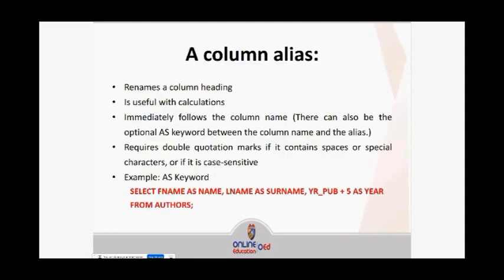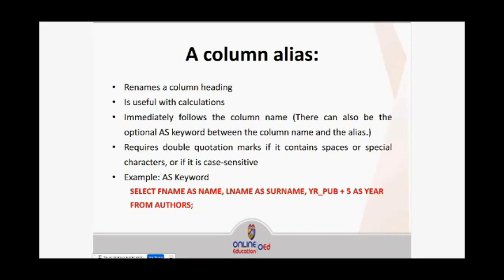Next, a column alias. A column alias is used for renaming a column heading. Pero syempre, if you will assign an alias, that is not a permanent column name. We only use that for the output. Hindi siya magiging permanently stored, okay? This is also useful with calculation.